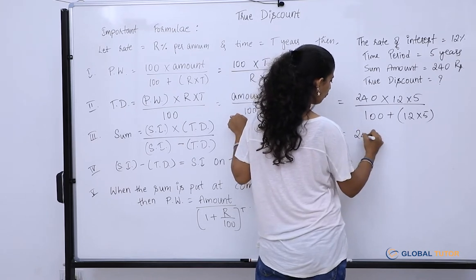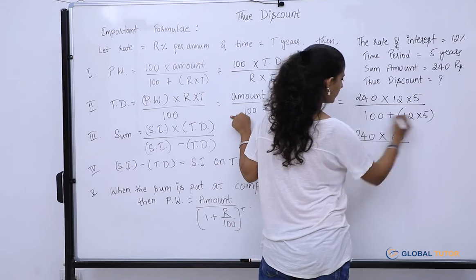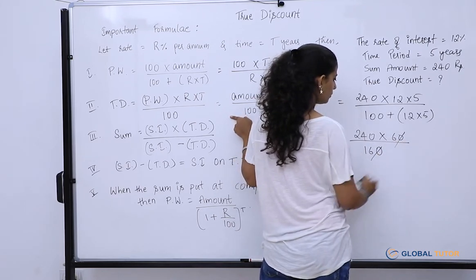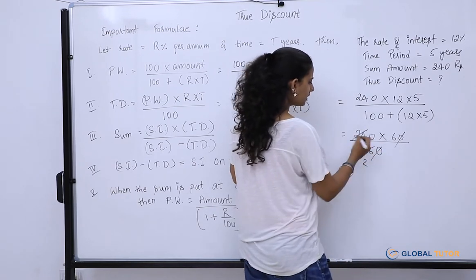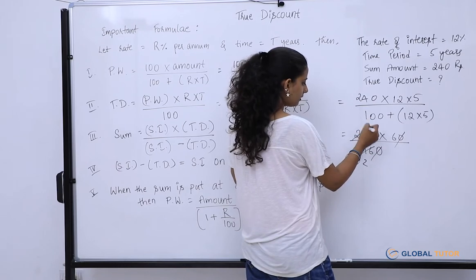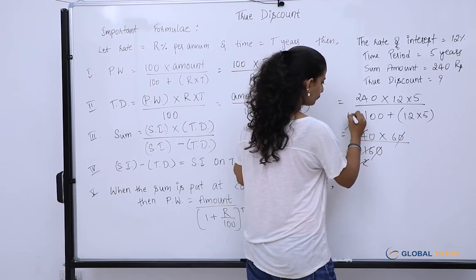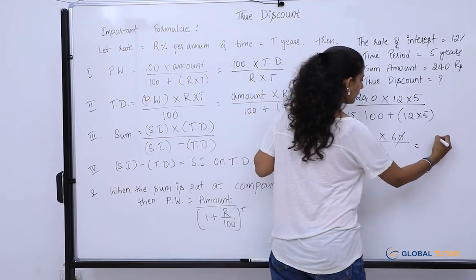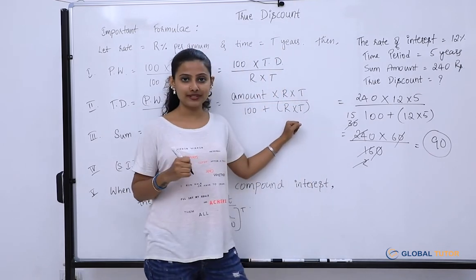So this is 240 into 12 into 5 is 60 divided by this is 160. 0 0 gets cancelled. Then you have 8 2 16 and then you have 8 3s 24 and then 2 15 times is 30. 15 into 6 will be 90. So true discount is 90 rupees.